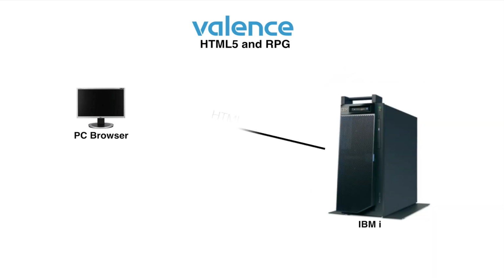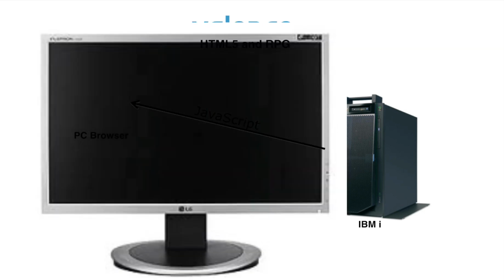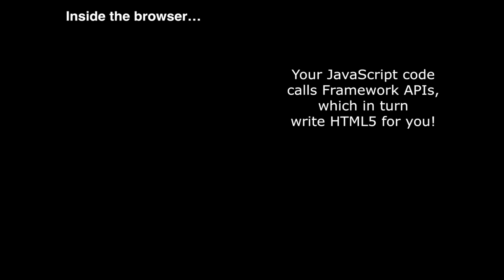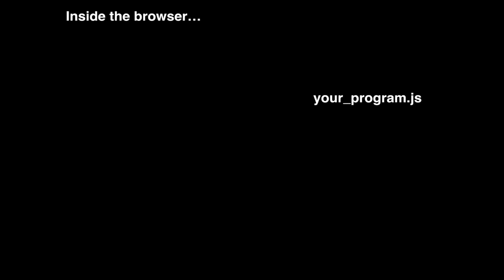This has been a big game changer in recent years for how web apps are developed. It means basically your server is no longer necessarily streaming HTML and CSS code to the browser, but instead it can send simple little JavaScript programs which inside the browser then execute and call APIs that write HTML code for you. So in the case of Valence, you might stream a JavaScript program from your IFS, which calls various ExtJS APIs.